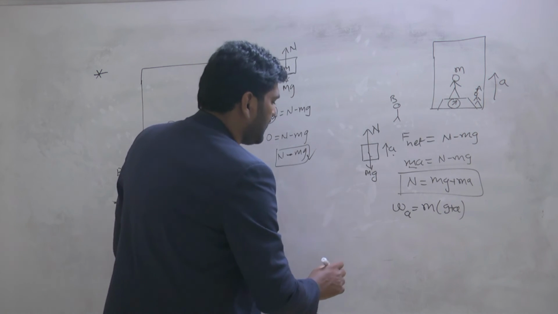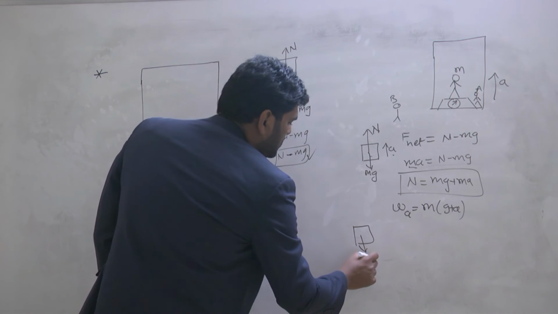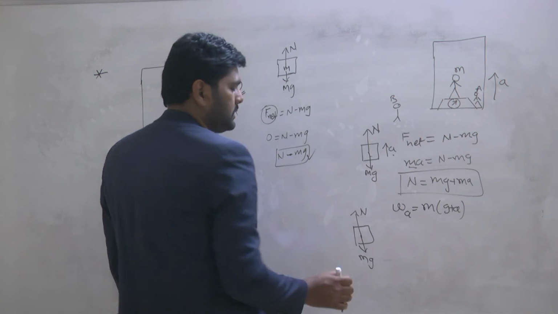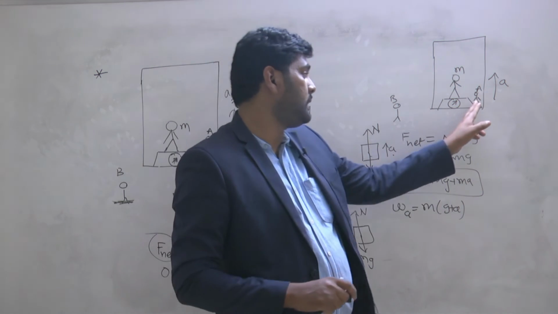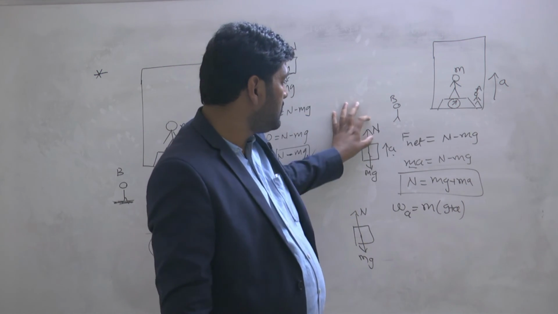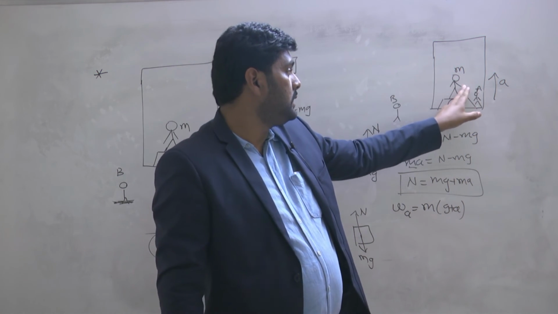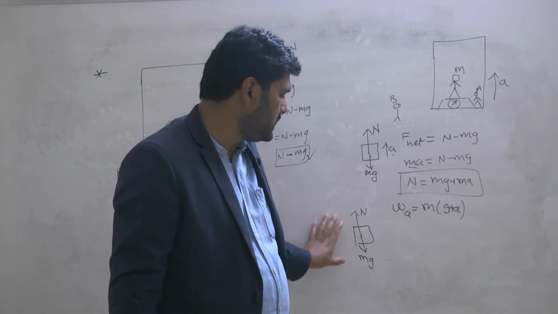This is a mass. mg is acting in the downward direction, and the normal reaction is acting in the upward direction. Only these two forces are observed by person A. According to person B, the normal reaction, mg, and acceleration are also observed. But when person A is observing, he observes only the normal reaction and mg.